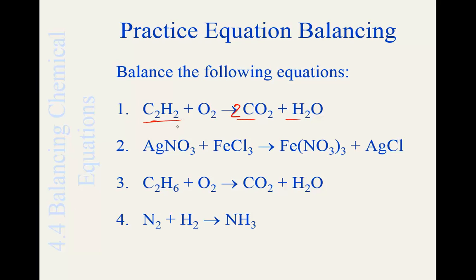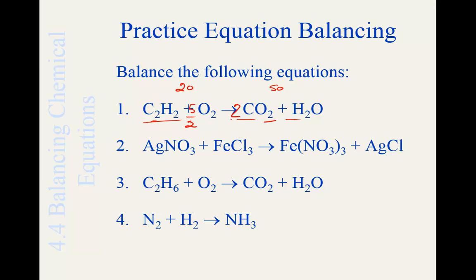And I already have 2 hydrogen on both sides. So the only thing not balanced is the oxygen. So on the reactant side right now I have 2 oxygen. On the product side I have 2 times 2, which is 4, plus 1. I've got 5 oxygen. So I've got an odd number of oxygen on the product side and an even number on the reactant side. So when I have an odd-even combo, the quick way is just to say 5 halves here. Take the 5 and divide it by the 2.